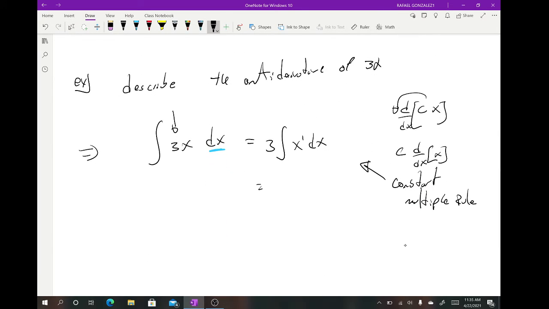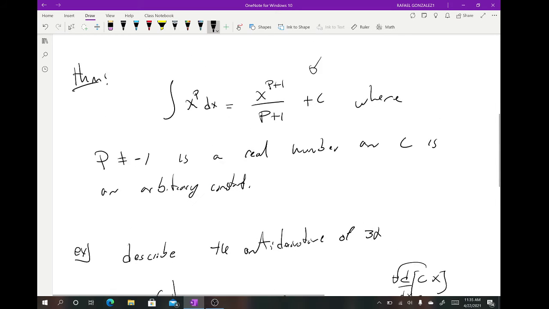So I'm going to do this on the side. I'm going to call this side work. So I have the integral of x to the 1, and by the power rule up there, that's x to the 1 plus 1 divided by 1 plus 1. This is the same thing as x to the p plus 1 divided by p plus 1 from up here.